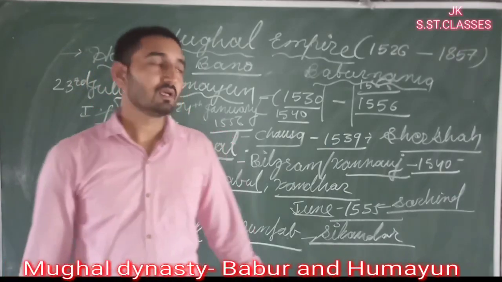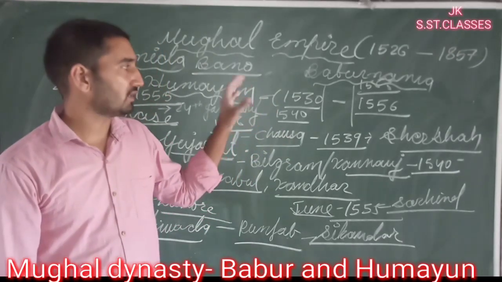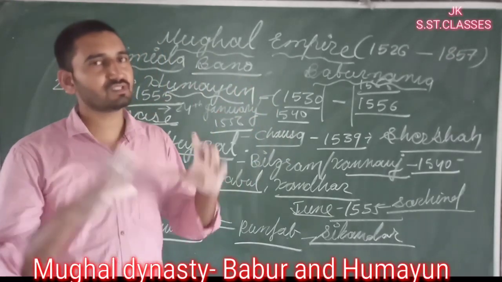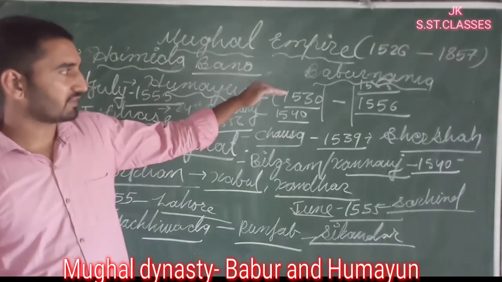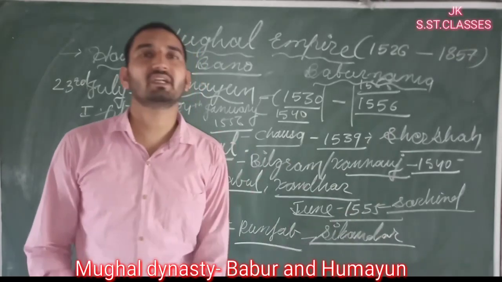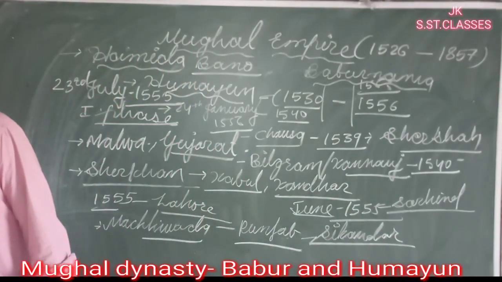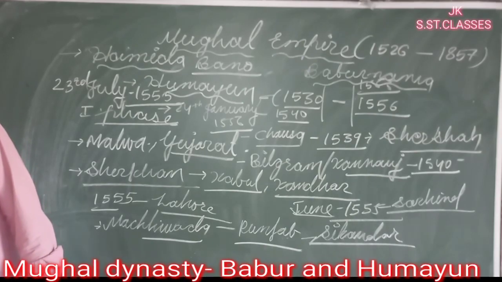Is that clear? After that, Humayun became the next ruler, and his ruling period is divided into two phases, from 1530 to 1540 and 1555 to 1556. After that, the next ruler of this dynasty was Akbar.